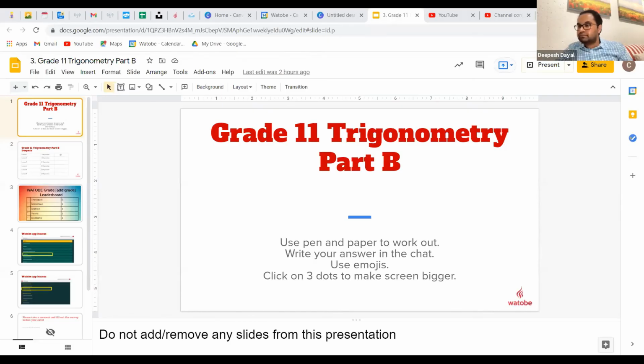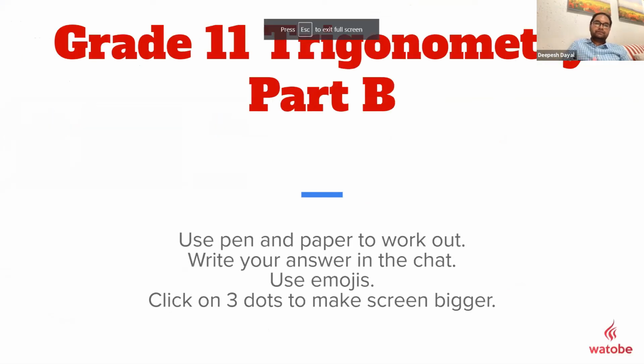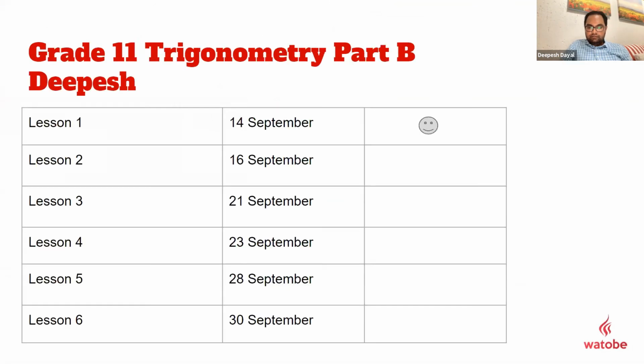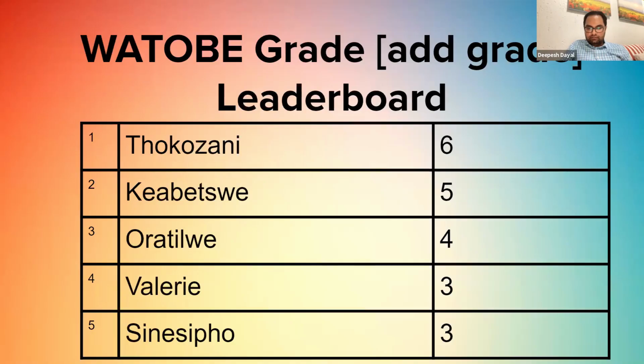Okay. So this is trigonometry part B, and most of you were with us for part A, so you should be familiar with what we're doing at the moment. This is our course schedule, what we're going to be going through. Today was lesson 1, and on Thursday, we're going to see you again for lesson 2. Okay, and this is our leaderboard. It's looking kind of scant, guys, because this section does take quite a lot of practice.